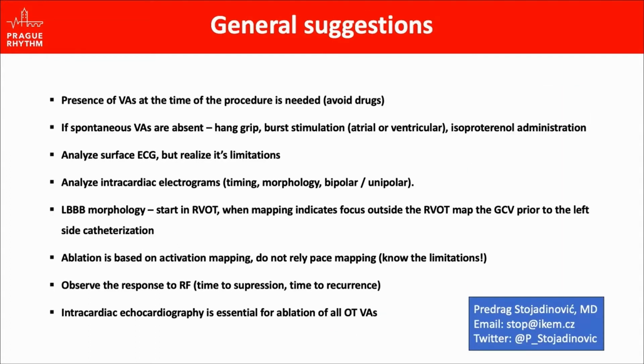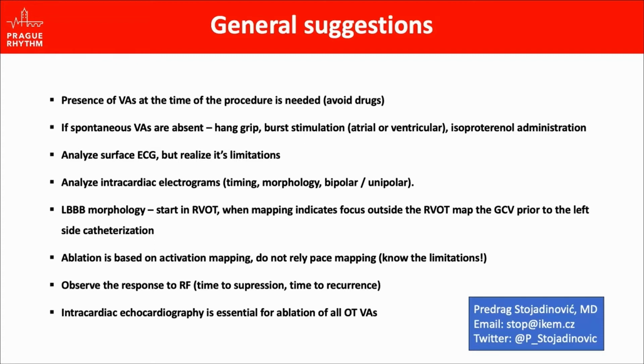Okay, so in conclusion, ladies and gentlemen, I would like to summarize some general suggestions regarding mapping and ablation of ventricular arrhythmias arising from the outflow tracts. First of all, presence of the ventricular arrhythmias at the time of the procedure is needed, so we need to avoid drugs.